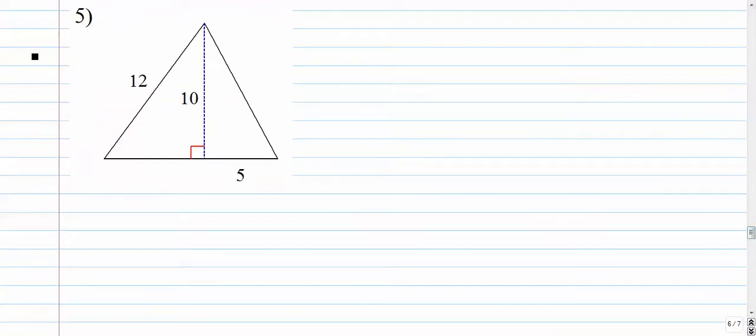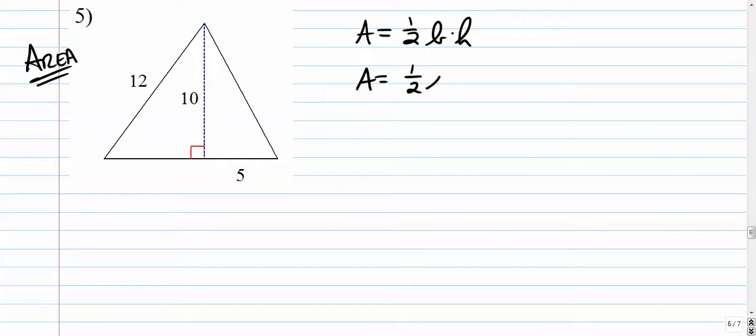Number 5, again, we're looking to find the area. In the area formula, we need base and height. In this case, we don't have the base, but the height is 10. The height is right here. The base is going to be the entire length down here.